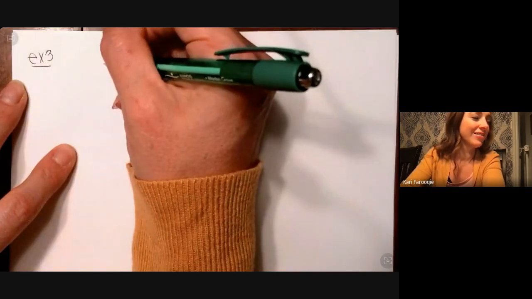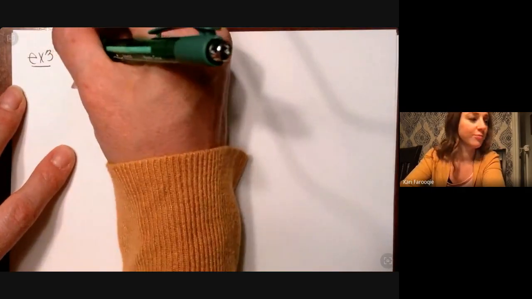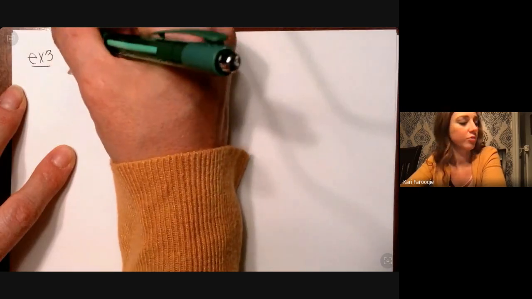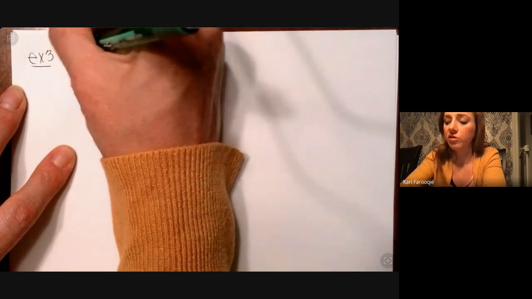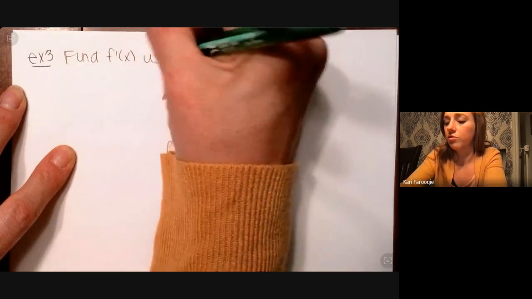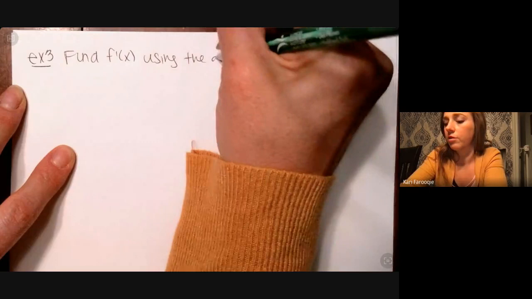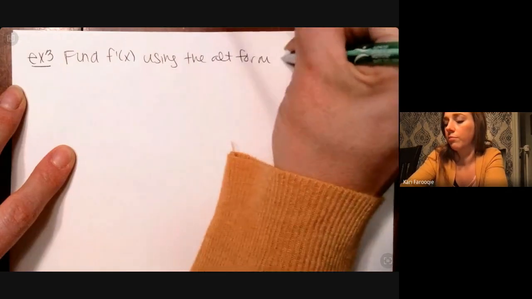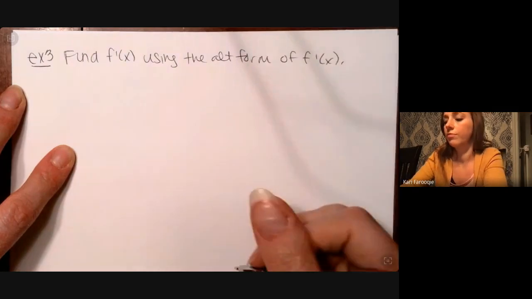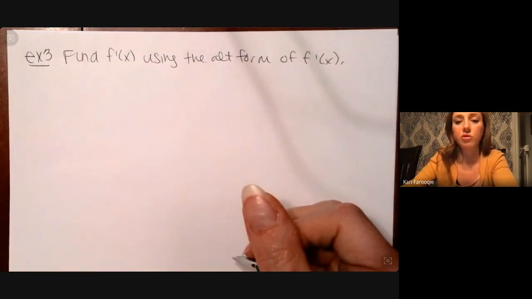All right, example 3. I'm not going to say graph. I'm not going to worry about that. I'm just going to say find f prime of x using the alt form of the derivative.